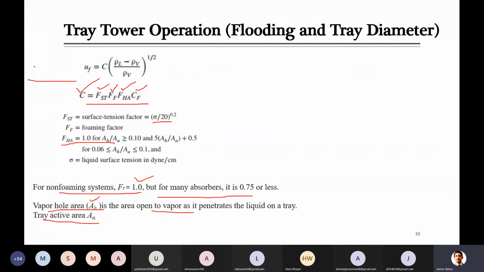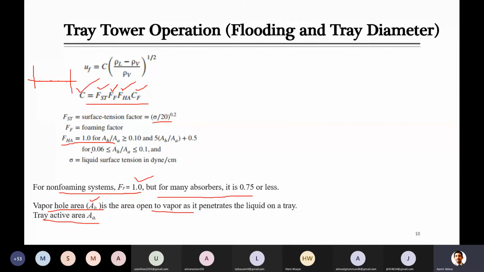If you consider a tray and exclude the downcomer areas, this area is called the active area, and inside that there will be an area with holes, valves or bubble caps. That area is called AH. So if the ratio of hole area to active area is greater than or equal to 10%, then this FHA factor is 1.